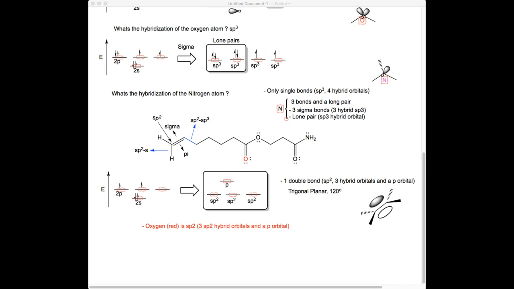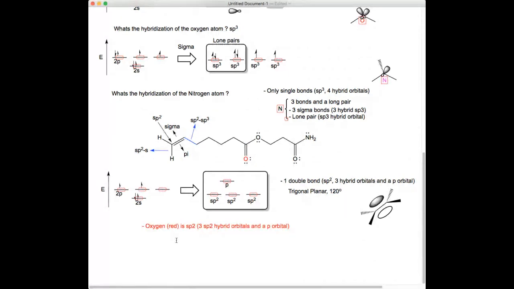Okay, that's fantastic. So everybody answered right. Both lone pairs are located in sp2 hybrid orbitals. Why? Because once again, there are 3 sp2 hybrid orbitals. One is used for this sigma bond here, and the other 2 for the 2 lone pairs. The pi bond is through the p orbital.